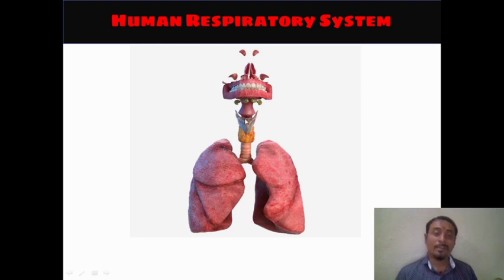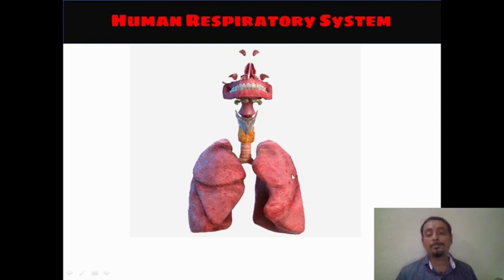After removing the rib cage, the structure you can see is the complete respiratory system of humans. This system consists of nostrils, mouth, pharynx, epiglottis, then the windpipe, bronchi and bronchioles, and then the next part, that is the lungs.